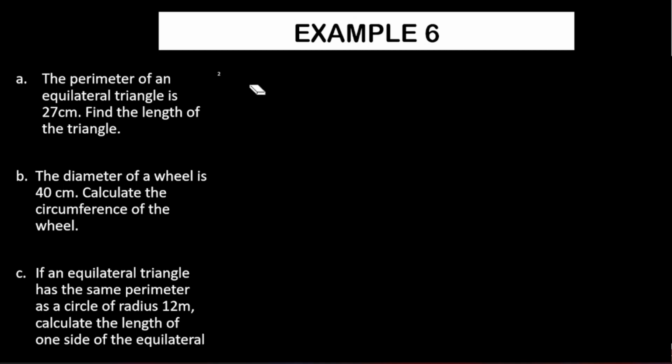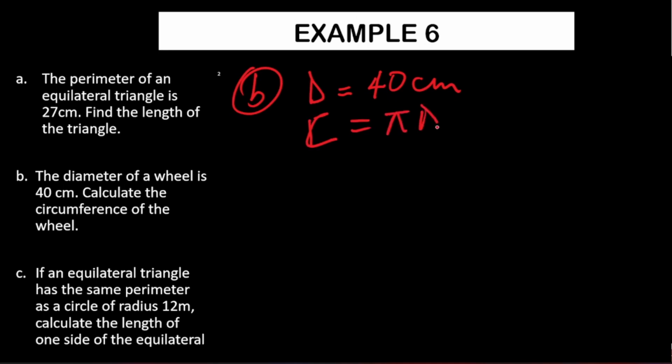So for B, we are given diameter to be what? 40 centimeters. Then we are looking for the circumference, which is going to be pi d. So that means pi, which is 22/7, times 40.